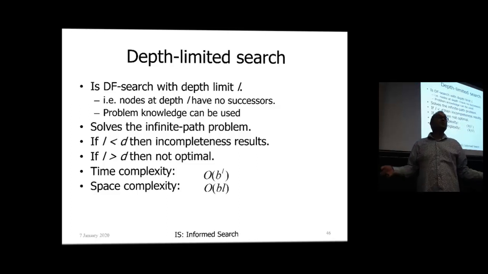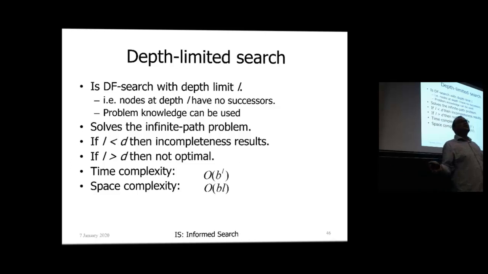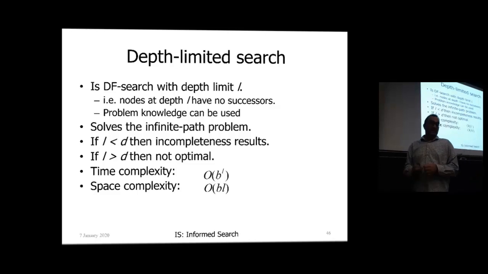Can we find all the solutions? And the answer is, of course, no. Because if the solution is one step after my cutoff, then I will not find it, because I have this artificial cutoff. So we have an algorithm, depth limited search, that solves the infinite path problem, because we will never end up in these loops, because after n steps we stop.